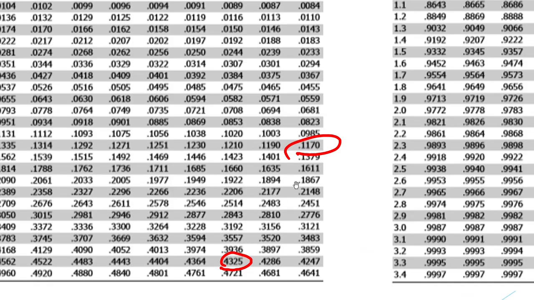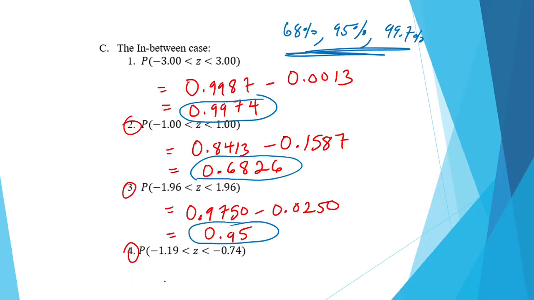So the two areas that we need are 0.1170 and 0.4325. I have 0.4325 subtracted by 0.1170, and this gives us an area between the two curves of 0.3155.